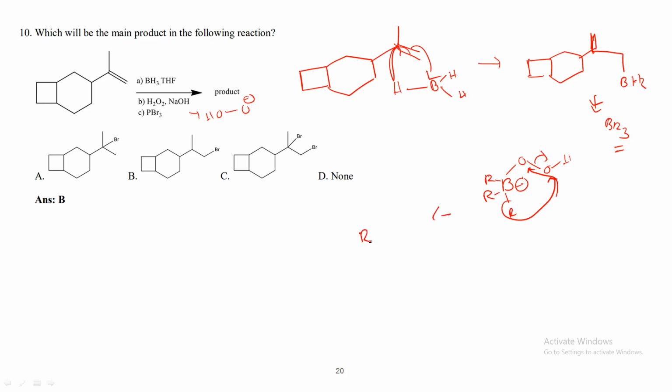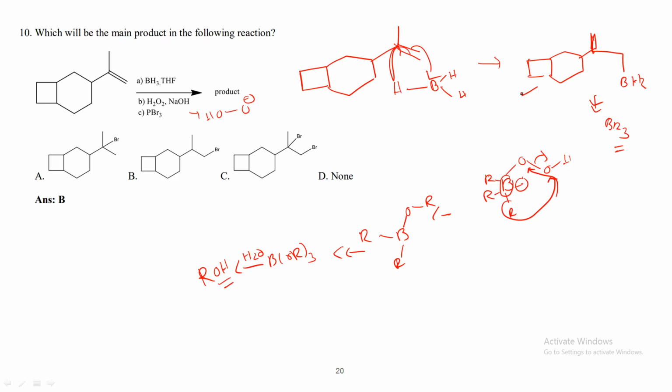This kind of shift. So BRR and OR, this, and from here in the same process B(OR)3 is generated, and in presence of water ROH is generated. So the bottom line is that where the boron is attached to the carbon, there is incorporation of one hydroxy group.